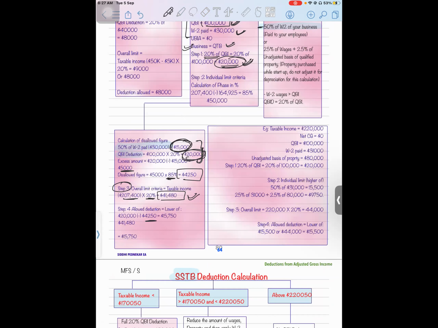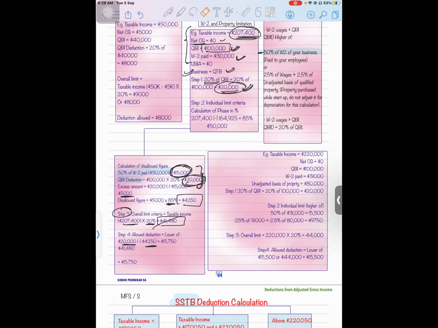So we'll reduce this 4,250 from 20,000. Otherwise, if this were lower, let's say 15,000, we would reduce this disallowed figure from the 15,000. The steps you need to understand are step 1 and step 3, then calculate step 2. Step 1 and 3, whichever is lower, your QBI into 20% or taxable income into 20%, take that and disallow the amount we calculated in step 2.